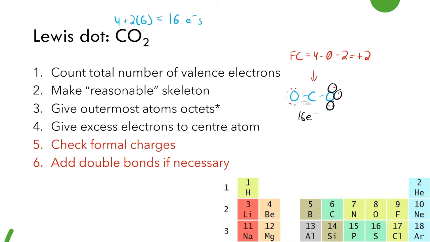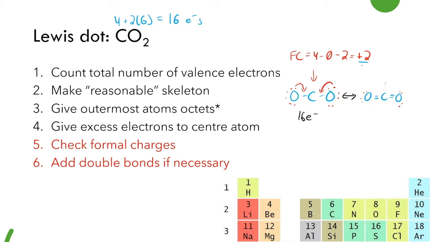If that carbon needs more electrons, it can take some electrons from the oxygens. You could do this one at a time if you wanted to. I'm thinking that since we have a formal charge of +2, we're going to need to take 2 lone pairs and put those into the center carbon. So that gives carbon a double bond to both oxygens.